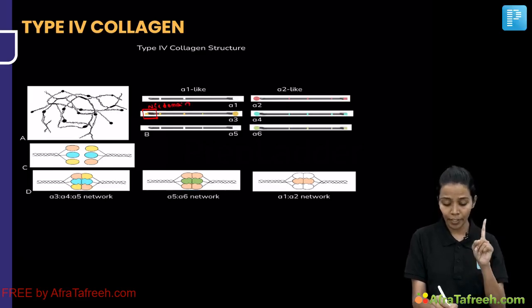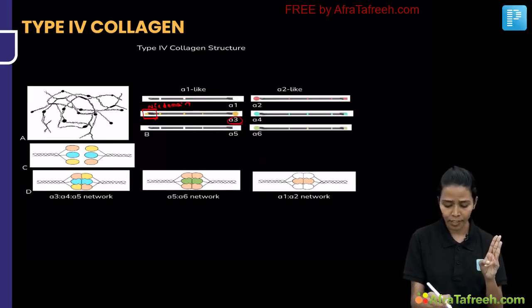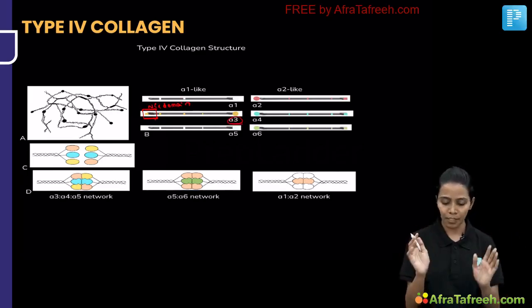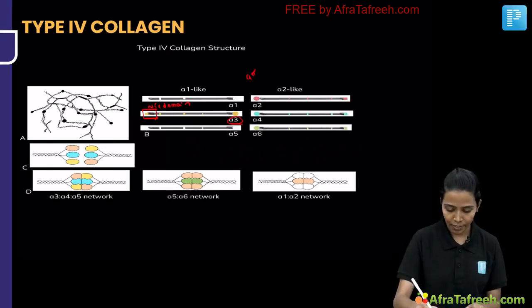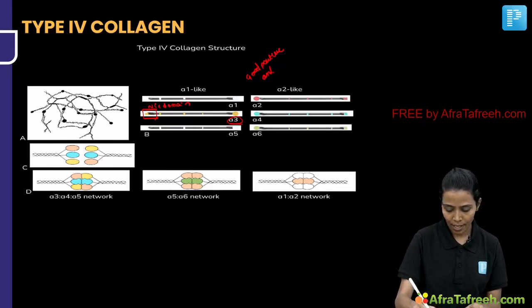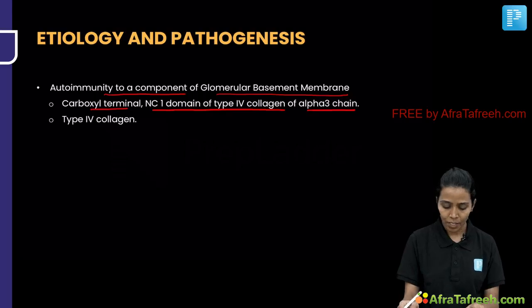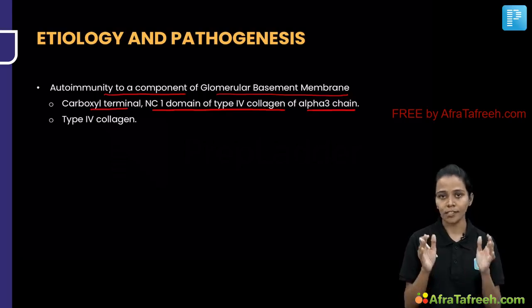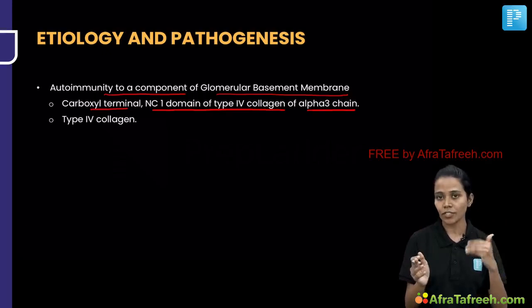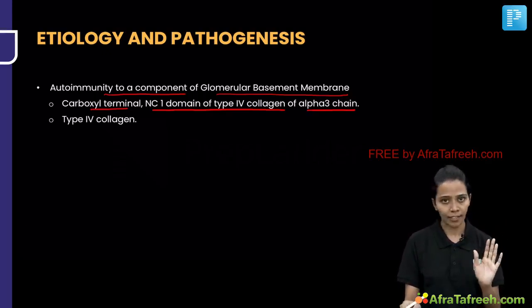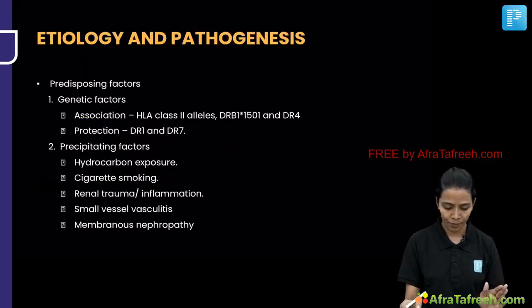The NC1 domain, carboxyl terminal, alpha 3 chain of the type 4 collagen. So, it is simple. So, this is called as Goodpasture antigen. Okay. So, this is what is the Goodpasture antigen against which the antibodies are produced. So, it is simple. Understood which is the antigen against which antibody is produced.